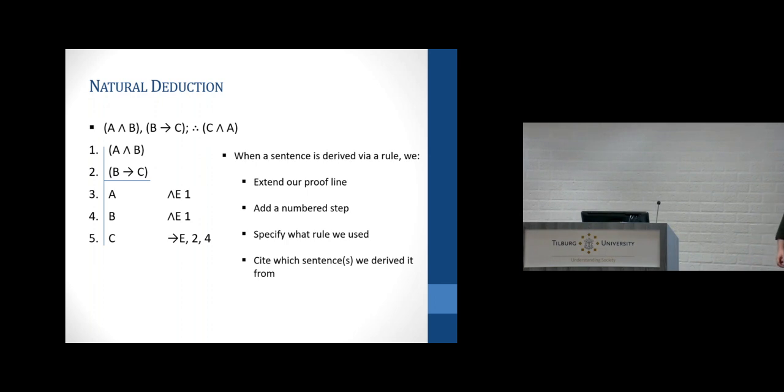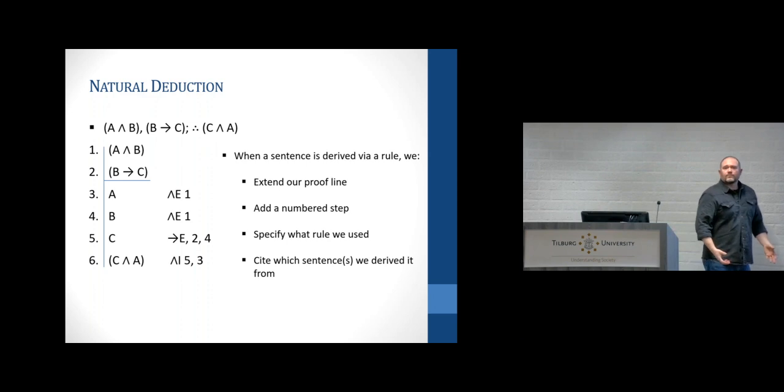And at line 3, this must be true given the assumptions we have. And we can stick them together using a conjunction. Because we've shown that, hey, C must be true and A must be true. So we can introduce a conjunction.